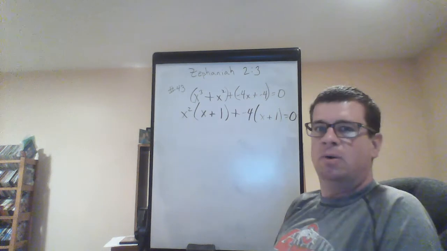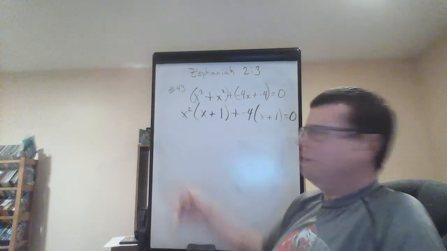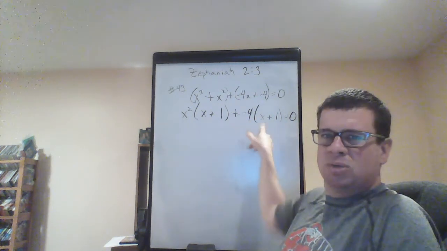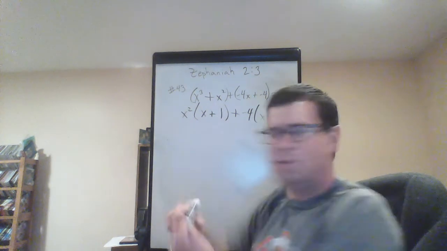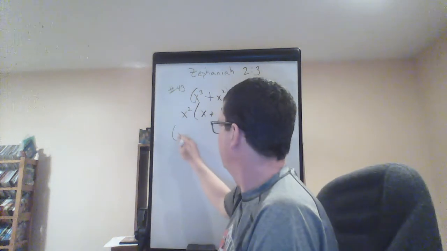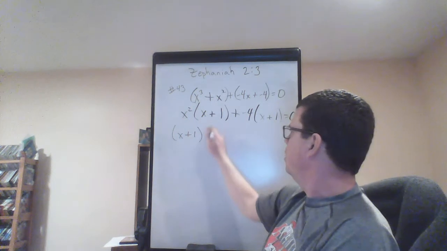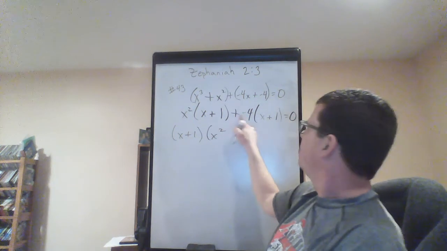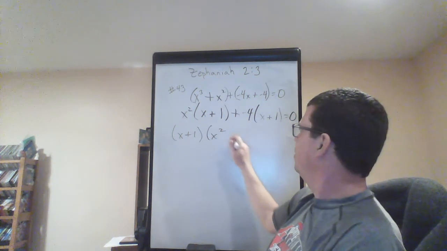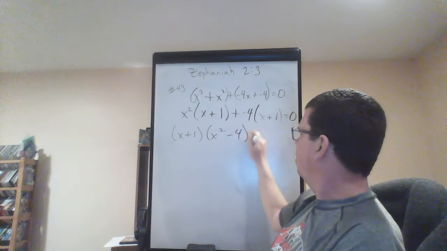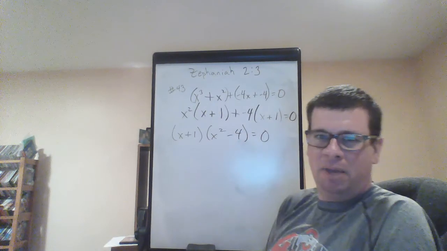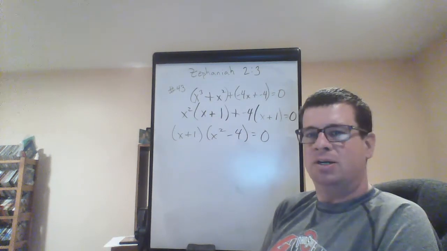And it still equals 0. And again, I'm starting to see something I like here because I've got the x plus 1s to match up. So I can factor out an x plus 1, and that'll leave me x squared plus -4. I'm going to write that as -4, and I hope you'll see why here in a little bit, and maybe some of you already do.